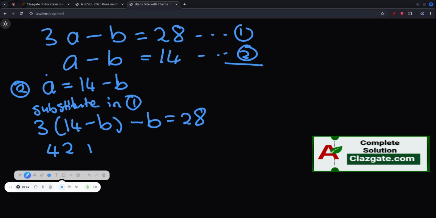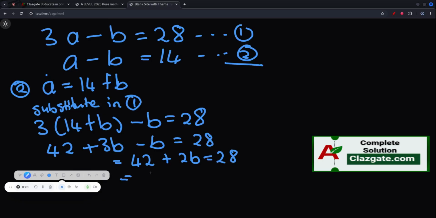When negative b crosses to the opposite side it becomes positive. So this is 42 plus 3b minus b is equal to 28, giving us 42 plus 2b is equal to 28.